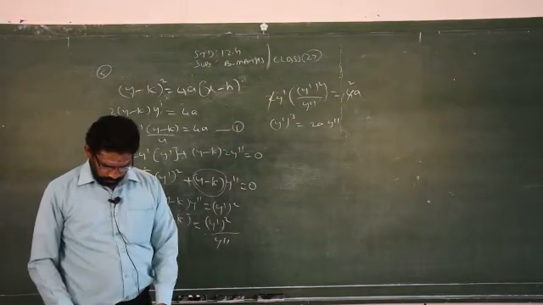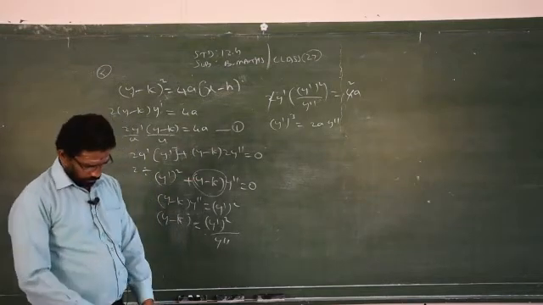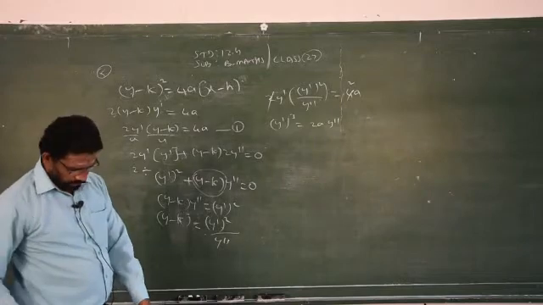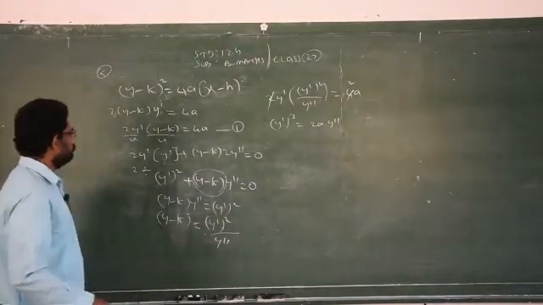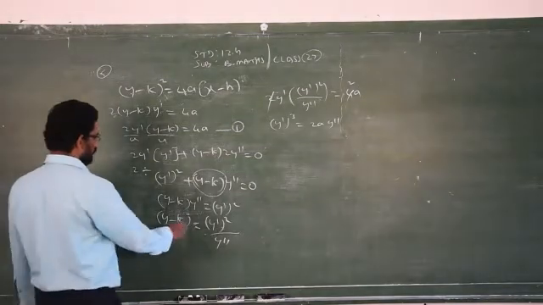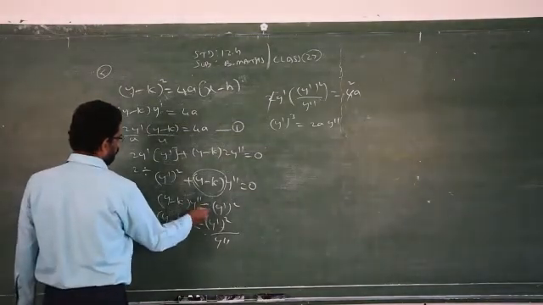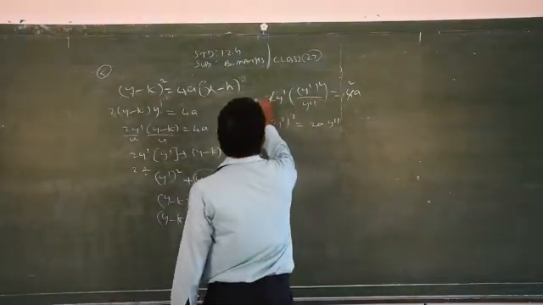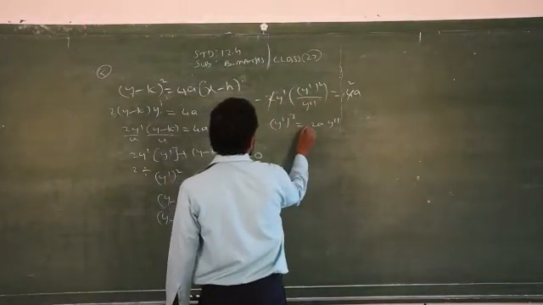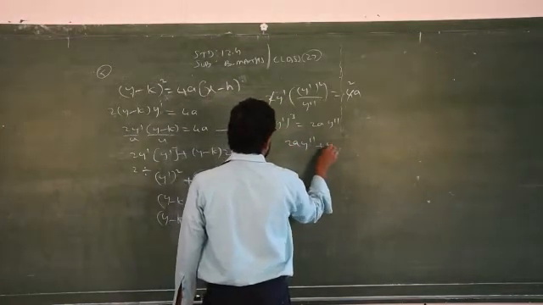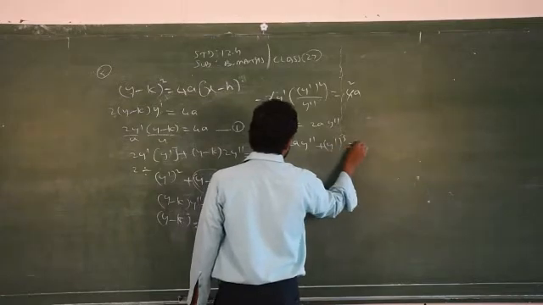We will check the answer. 2a y dash cube. Yes. We will miss the negative sign, so we will get negative. So, transferring, 2a y double dash plus y dash whole cube is equal to 0.